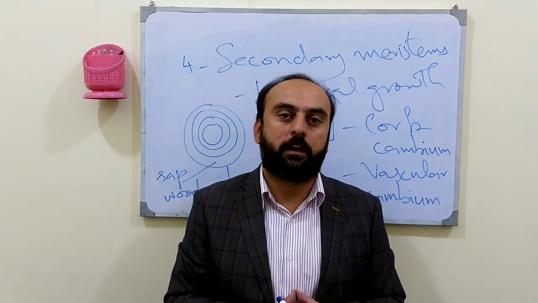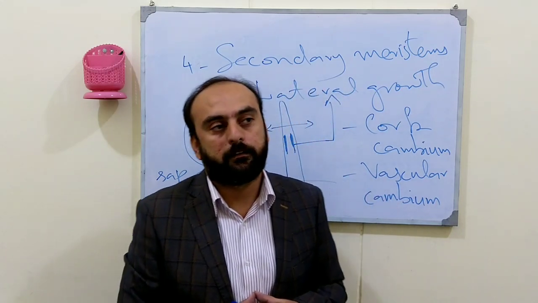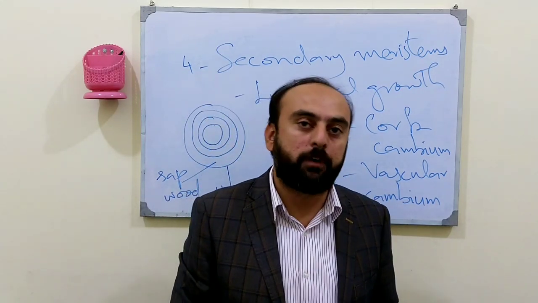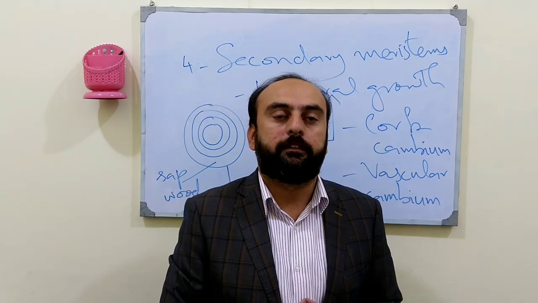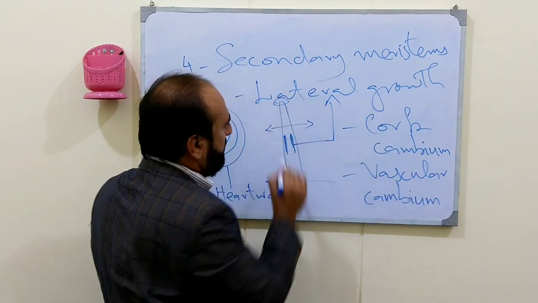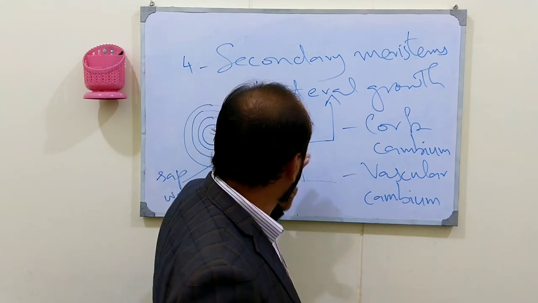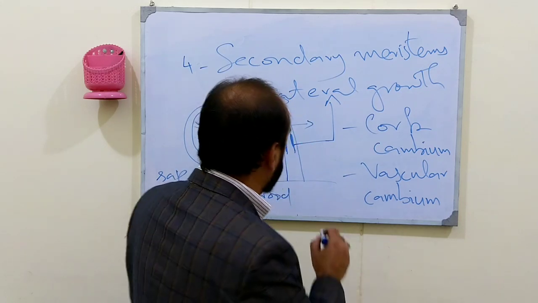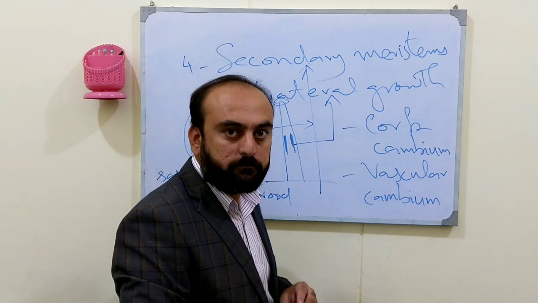Apical meristems are found at the tip of the root and shoots, and a phenomenon related to apical meristems is called apical dominance, that the terminal bud prevents or inhibits the growth of lateral buds, and plants keep on growing in vertical direction.